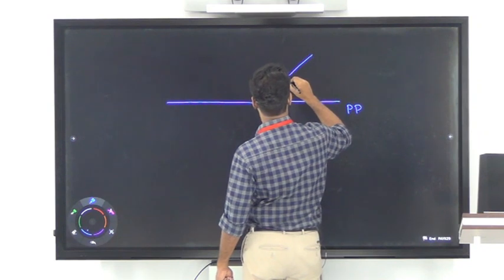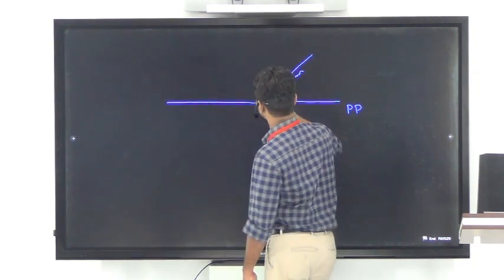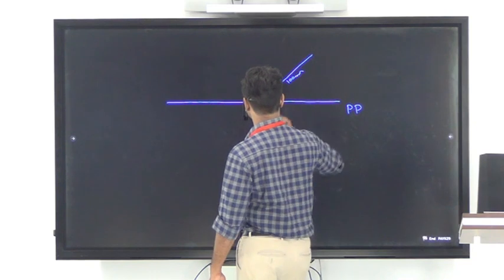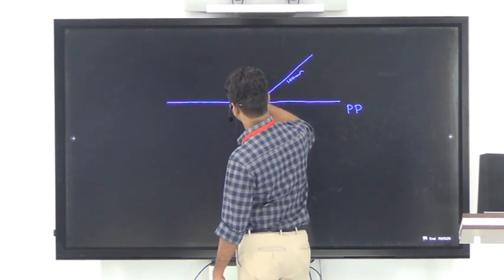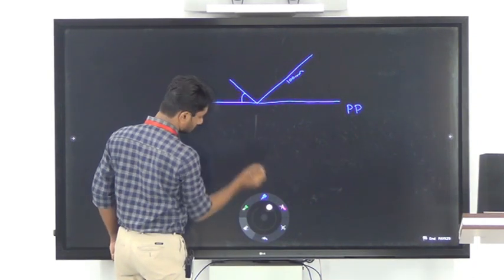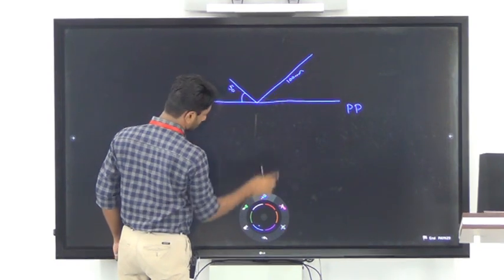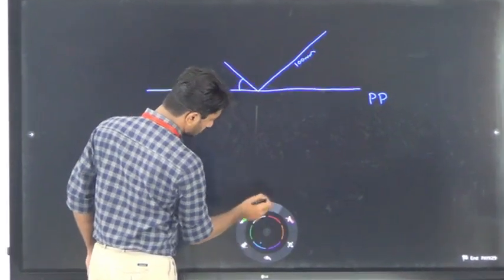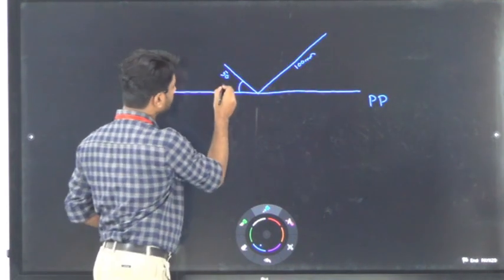So this length is equal to 100 mm and this length is equal to 50 mm and this angle is equal to 45 degrees.